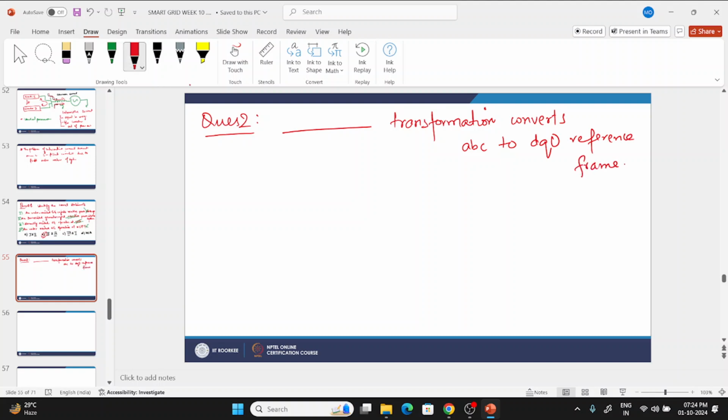So options are A. Clarke, B. Inverse Park, C. Inverse Clarke, D. Park. You have to write the correct answer.